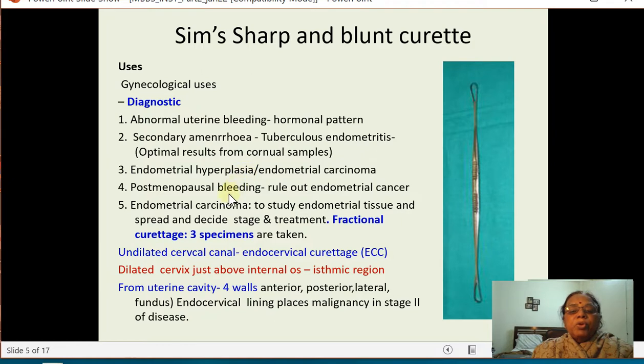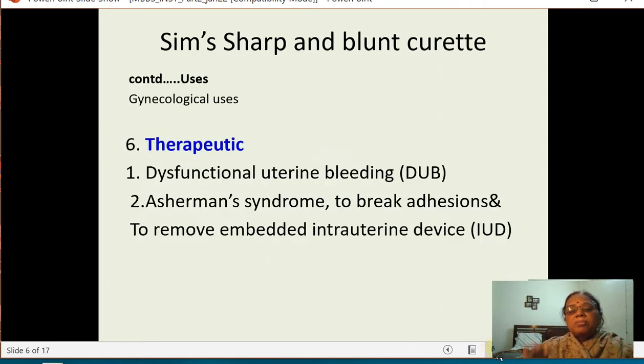And here, when we want to rule out the carcinoma of endometrium, three specimens are taken. One is from the undilated endocervical canal. Second is taken just above the internal os, that is from the isthmic region. And the third specimen is taken from all the walls of the uterus, anterior, posterior, right and left lateral, and from the fundus.